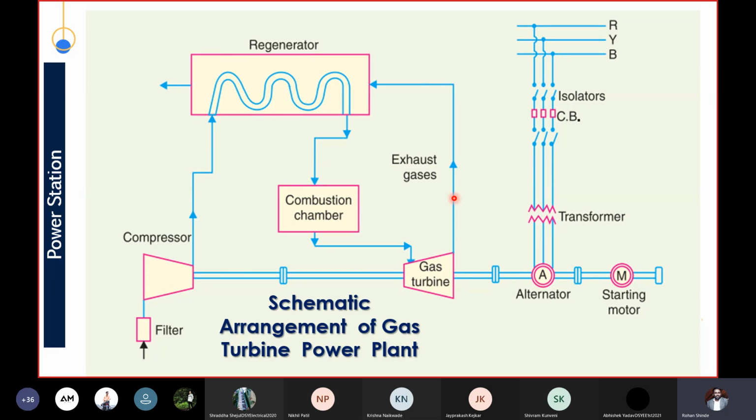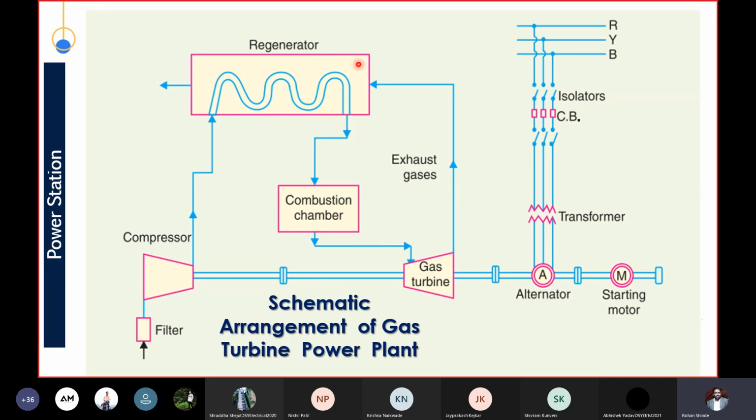But we know that these exhaust gases, or used air, still have some amount of heat. Now this heat we have to use. So these exhaust gases will be moved towards the regenerator and placed here. We know that air will be moving towards these tubes with the help of the compressor, and the exhaust gases will be here.